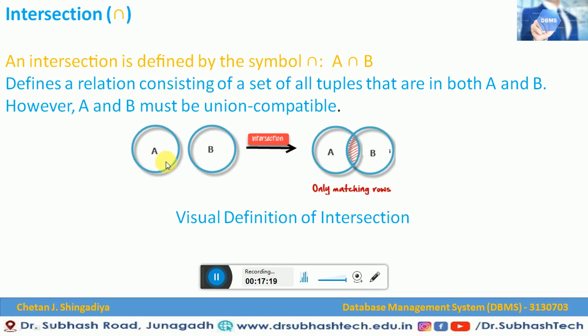Here you can see in this figure there is a table A and table B. After doing the intersection, which portion is returned? Only the matching rows, or matching tuples. Here you can see that it is highlighted in red color. Only this many records are returned, meaning all the tuples that are in both relations or both tables, only those matching values. So that is the visual definition of the intersection operation.